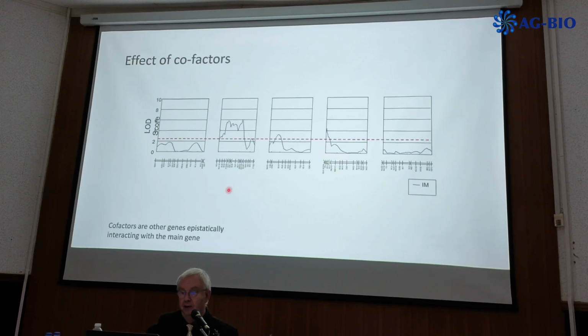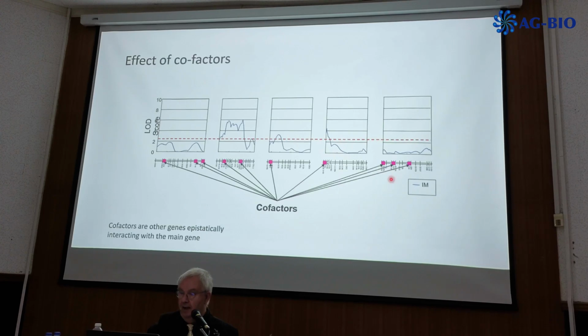Now, what are the minor QTLs? Minor QTLs are cofactors that also have an effect on the QTL, but these effects can be beyond the threshold level, beyond this dotted line that you see in the middle. So you can calculate the cofactors that you assume in this method.